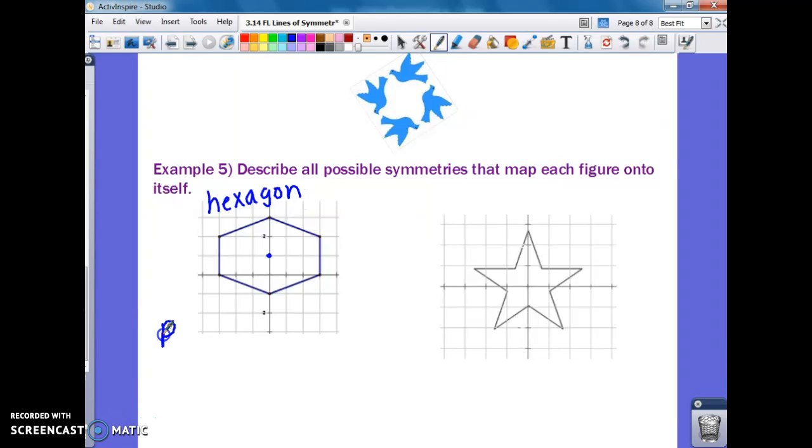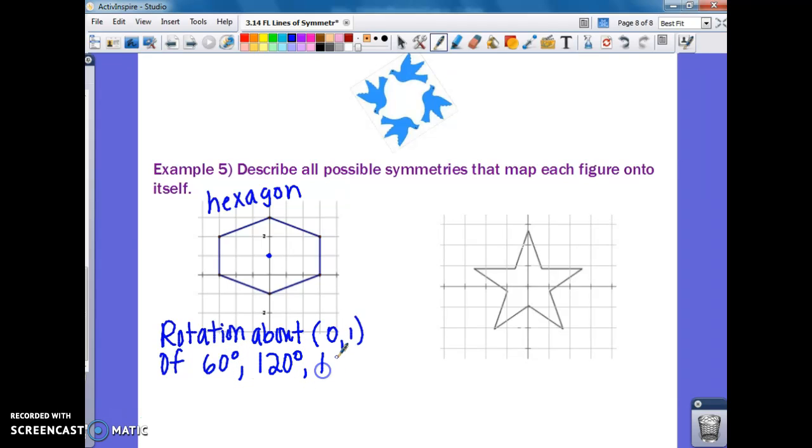So we could do rotation about the origin of 60 degrees, 120 degrees, 180 degrees, 240 degrees, or 300 degrees. Any of those angles.